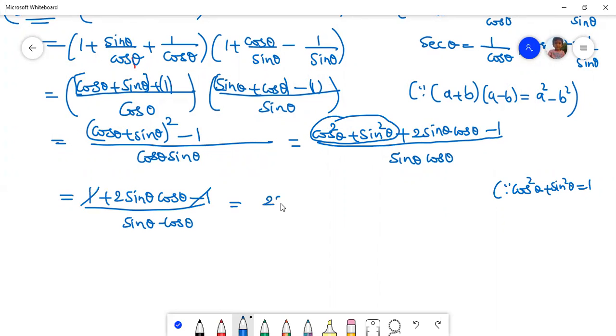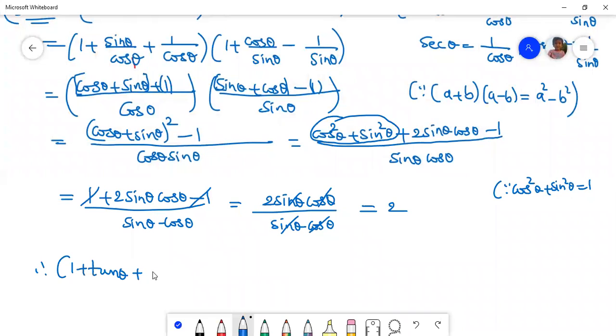It is equal to 2 sin theta cos theta by sin theta into cos theta. Cos theta, sin theta cancel. It is equal to 2. Therefore, (1 plus tan theta plus sec theta) into (1 plus cot theta minus cosec theta) equals 2.